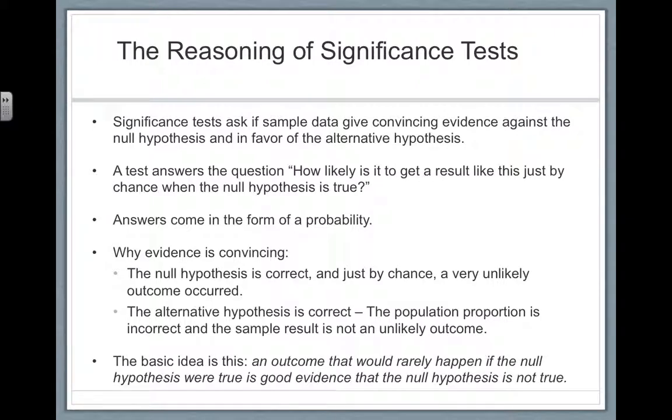So the basic idea here, guys, is that an outcome that would rarely happen if the null hypothesis were true is good evidence that the null hypothesis is not actually true. So if you have a probability that shows an outcome would rarely happen, then we're going to say that the null hypothesis is not true.